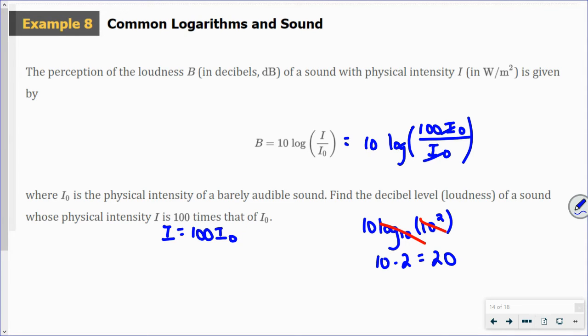So your label here is 20 decibels. Right here it says find the decibel level. So 20 decibels in that problem.